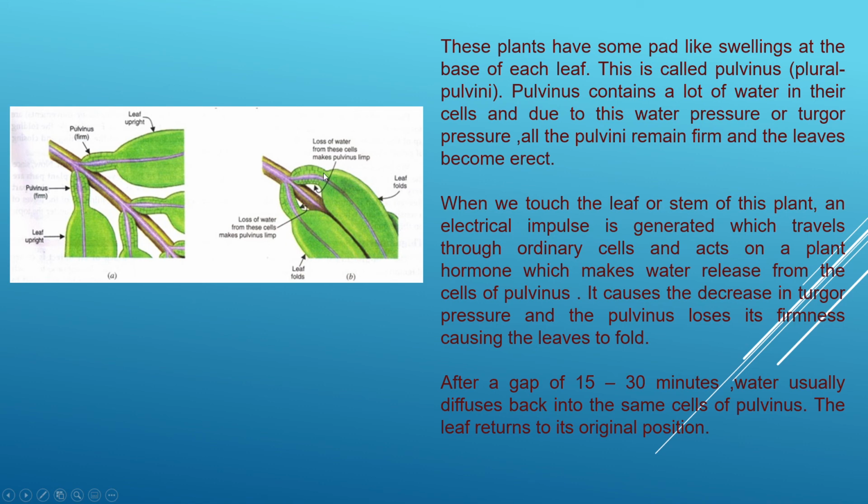The water content of the pulvinus comes out, so it does not remain swollen, and it droops down. It loses its firmness and causes the leaves to fold, and for 15 to 30 minutes it stays folded. After 15 to 30 minutes, water usually diffuses back to the same cells of the pulvinus, and the leaf returns to its original condition.